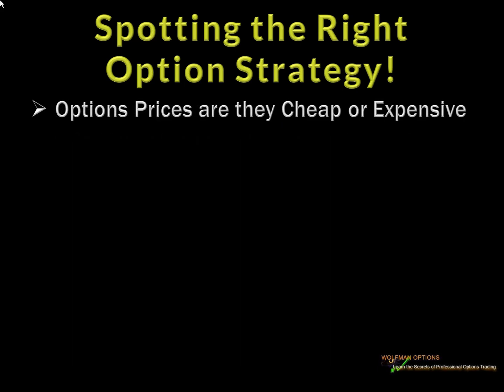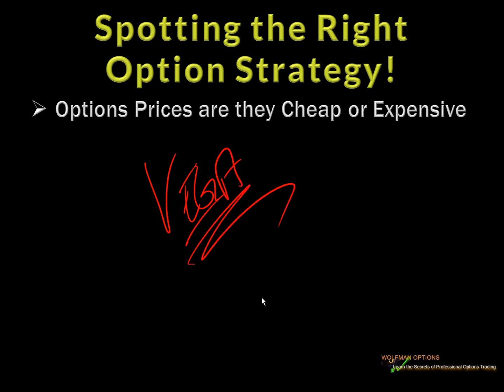The thing we need to know, though, if we're buying options and we can sell options, is whether these options are expensive or cheap. The way we figure this out is through Vega. We're going to sneak in the Greeks here, folks, but I'm going to give you some easy ways to remember this.